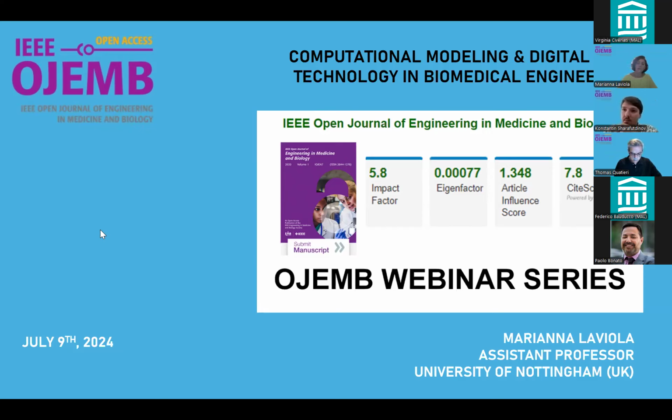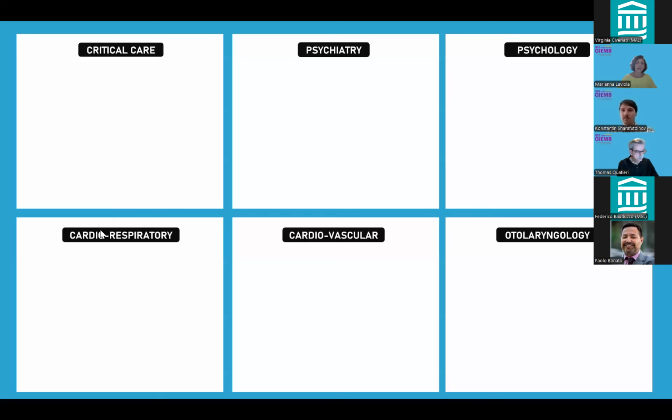Before we start with the talks of the webinar, just a brief overview on the special issues. Some of the papers, the majority of them, are already published, and the special issue includes 7 papers that all use computational modeling, but for application in different areas of medicine, such as critical care, psychiatry, psychology, cardiorespiratory, cardiovascular system, and otolaryngology.